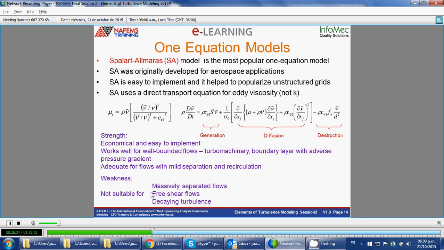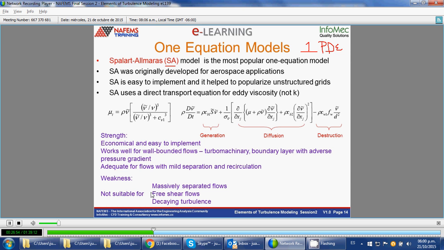This one is called the Spalart-Allmaras or SA model. It's one of the more popular models, and it only uses one PDE, which is a good thing because it's very economical and easy to implement.